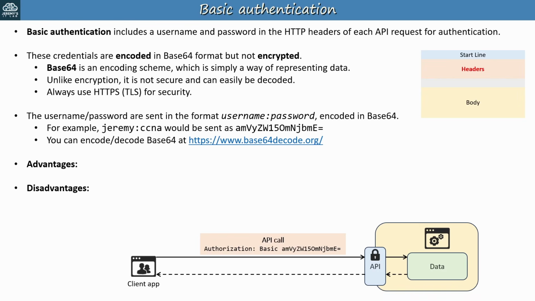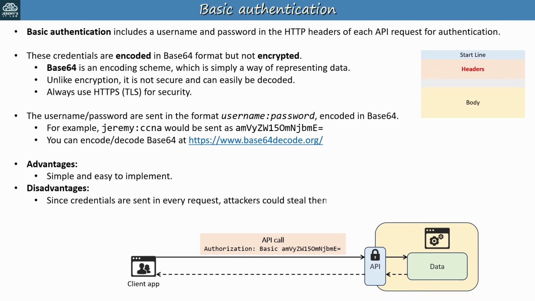Now that we've seen how basic authentication works, let's consider the advantages and disadvantages. Honestly, the main advantage is that it's simple and easy to implement, just a username and password. But since those credentials are sent in every request, attackers could steal them if the connection isn't properly secured. But really, that applies for any authentication method.